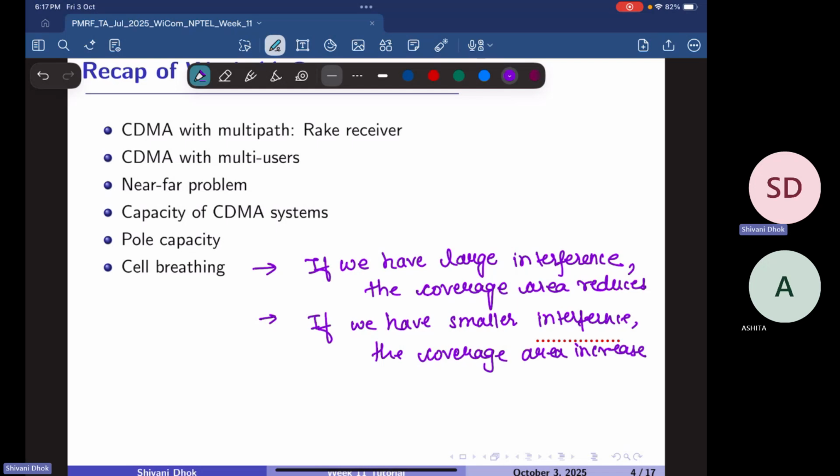This enlargement and shrinking of a cell due to different strengths of interference is known as cell breathing. And in some cases, if the load is too much or the interference is too much, your cell radius shrinks to such a level that there is no overlap between adjacent cells. Because of that, regions with no coverage start to appear if you have a very high load.